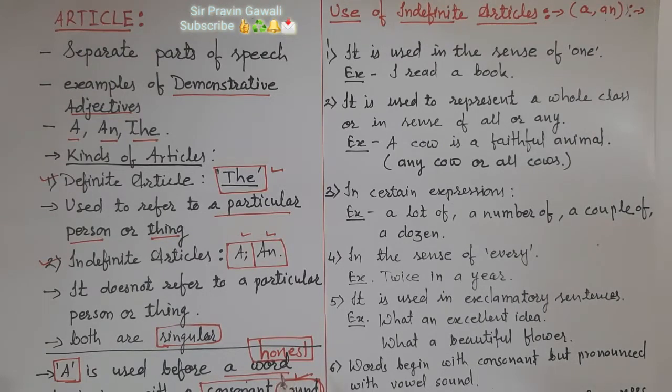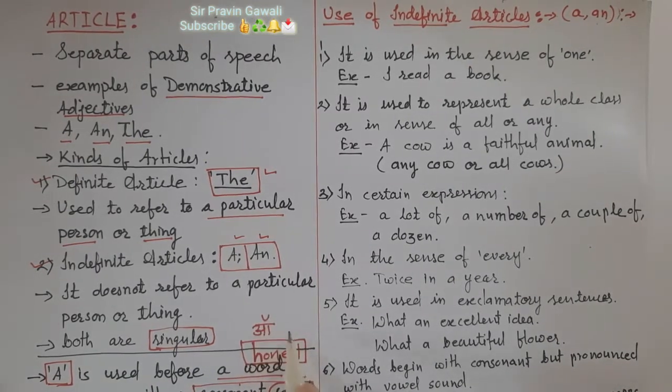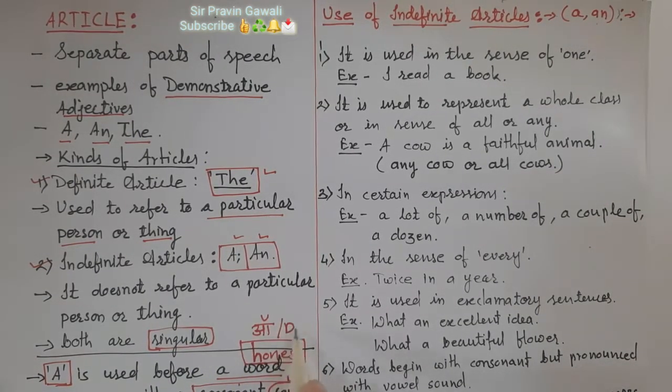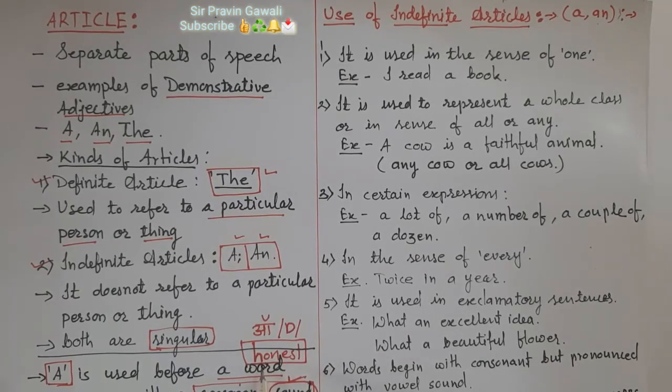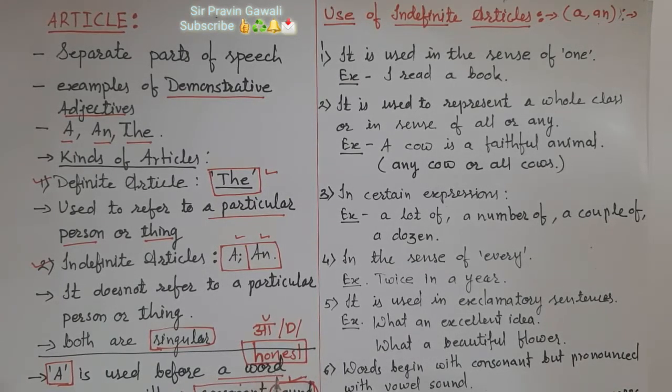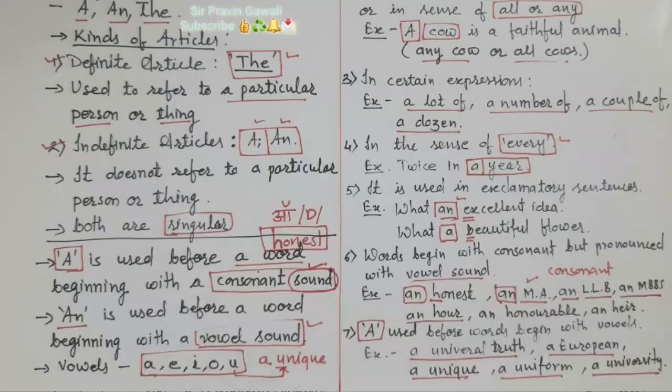Okay students? Honest. So, before honest, we always use an. Have you understood? Very good. An is used before a word beginning with a vowel sound.